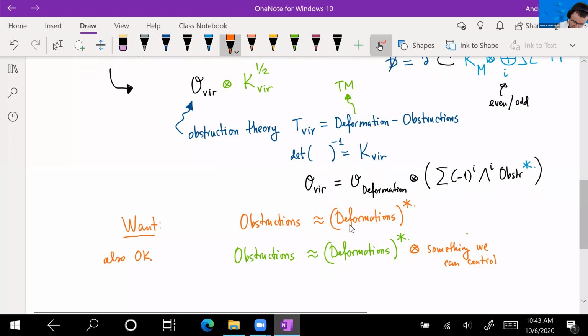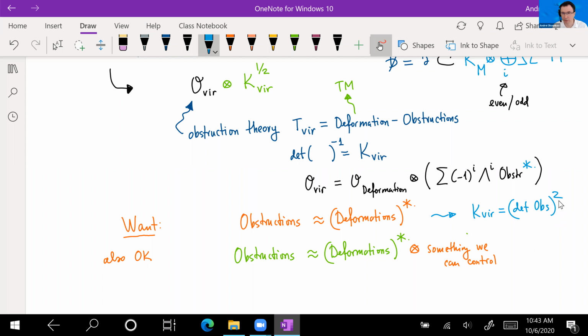Okay. And observe heuristically that if obstructions are dual to the deformation, then the determinant, so in particular the virtual determinant, would be the determinant of obstructions squared, because the dual spaces have the determinant dual inverse.